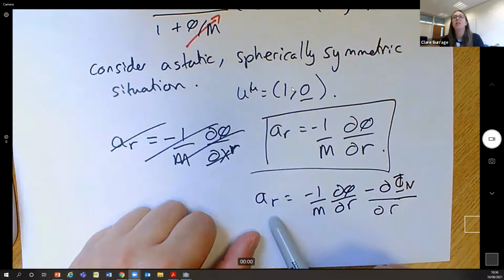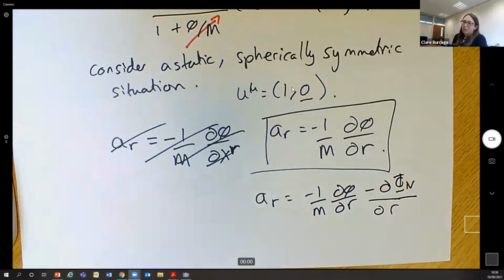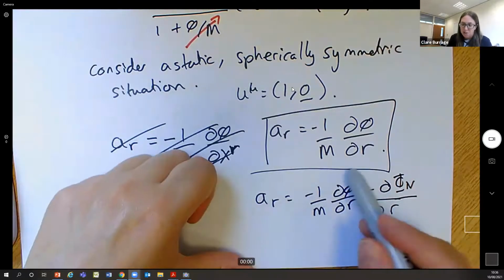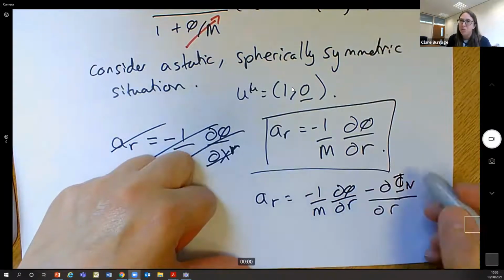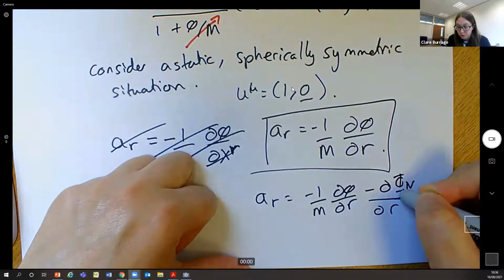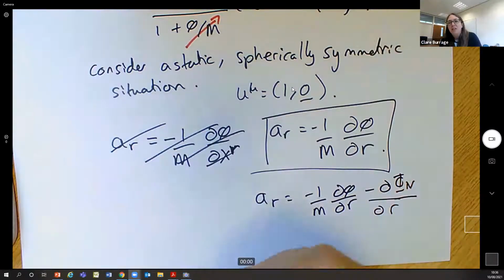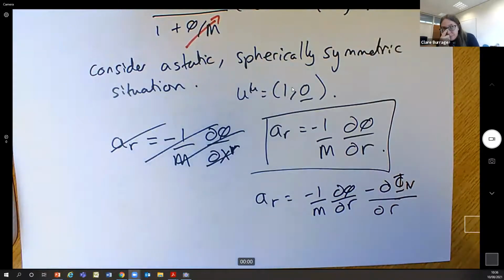That gives me my acceleration. But you might worry then that I'm forgetting the fact that I have some energy density stored in my scalar field, and maybe that should be sourcing the Newtonian potential as well. And again, you can check whether that is a significant contribution or not.